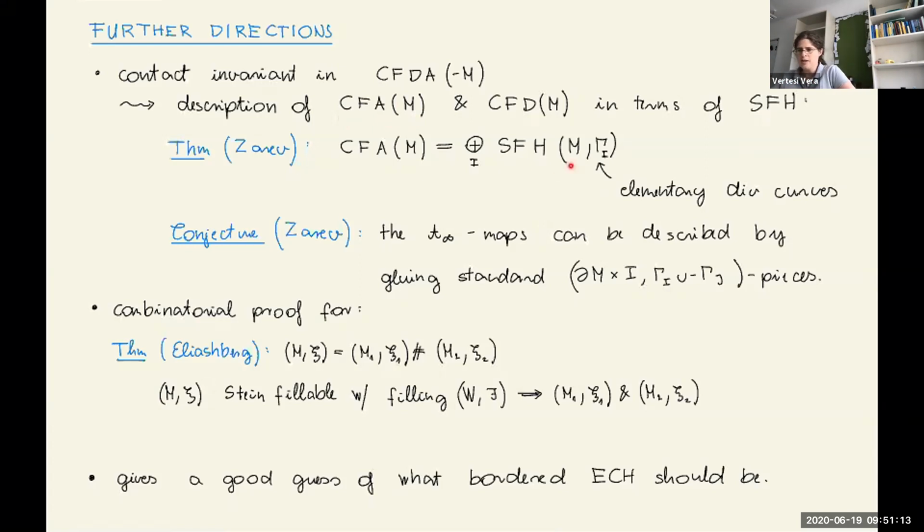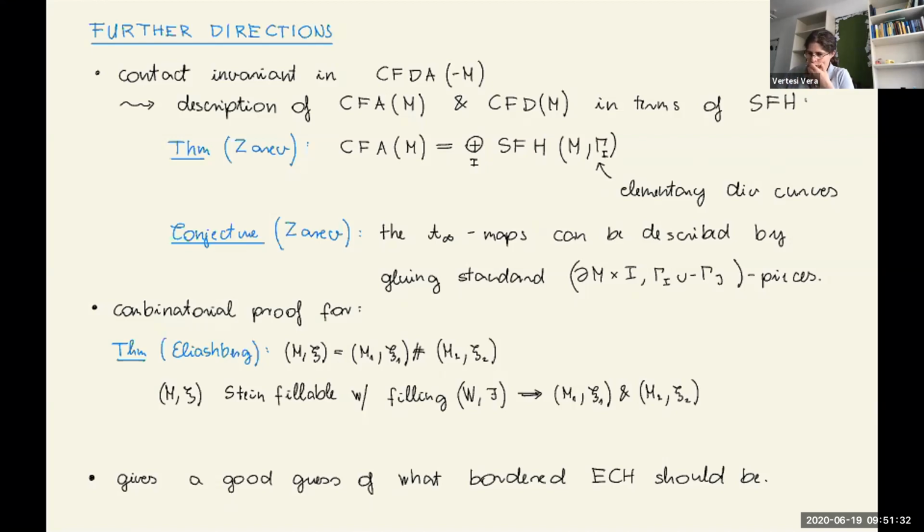Okay, and then he conjectured that the A-infinity maps can also be described by gluing standard pieces. And I think this whole setup has to give you this conjecture, that this is true.